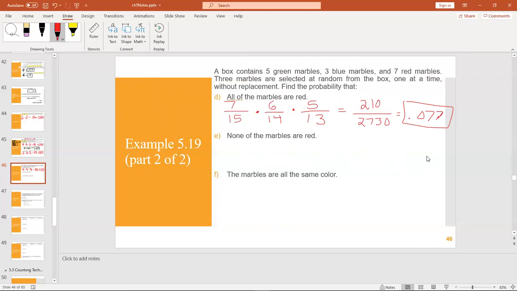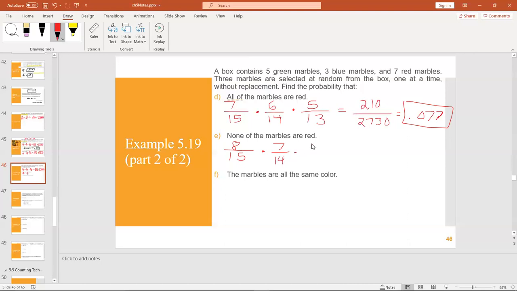What's the chances that none of the marbles are red? Well, let's see. So for the first event, there are 8 non-reds. There's 5 greens and 3 blues. There are 8 that are not red for the first event out of 15. For the second event, there will be 7 left that are not red out of 14.